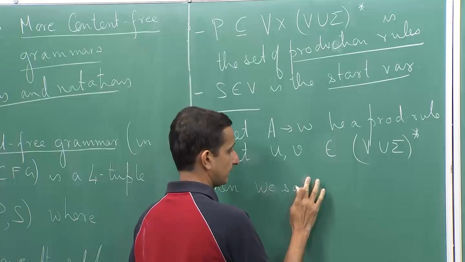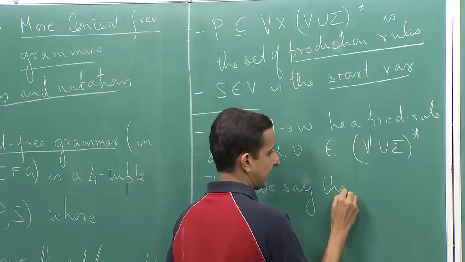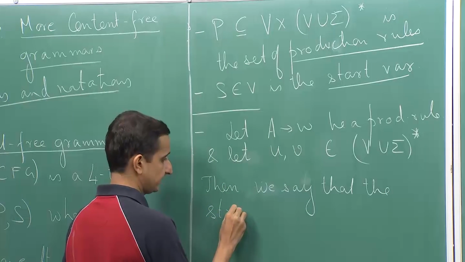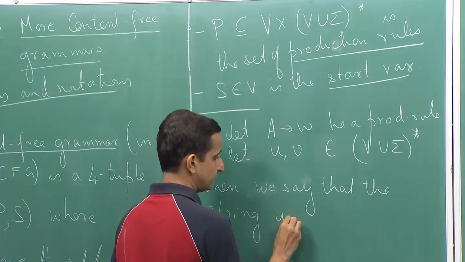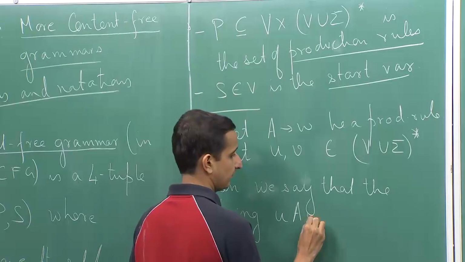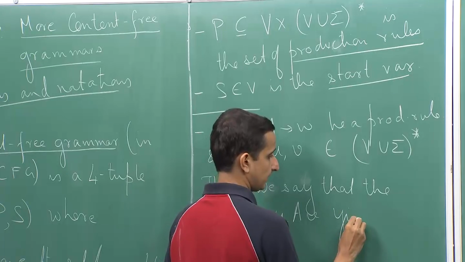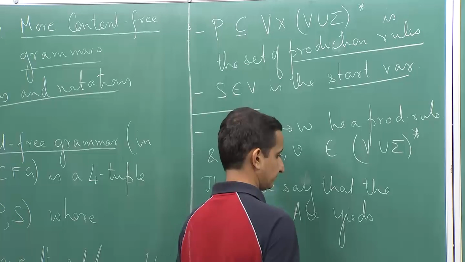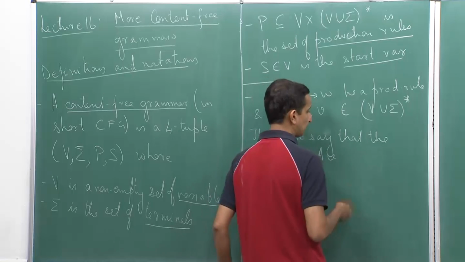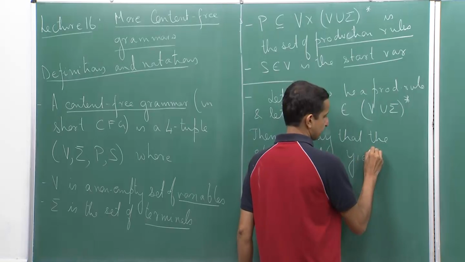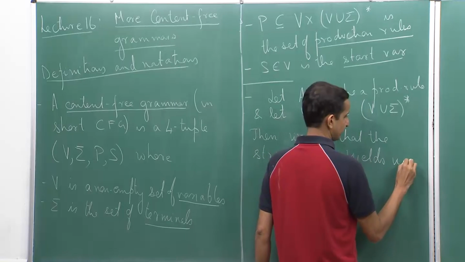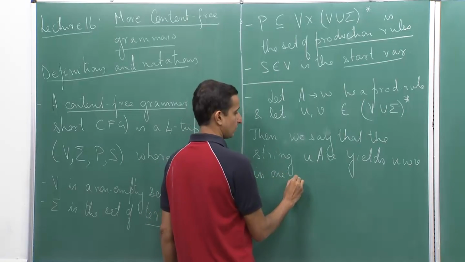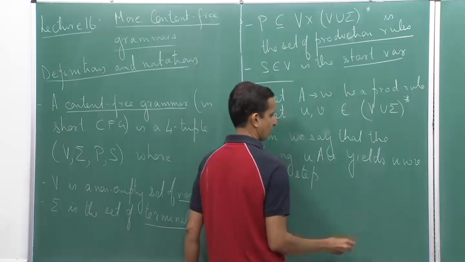Then we say that the string UAV yields UWV in one step.